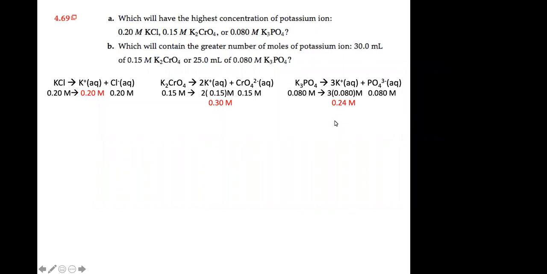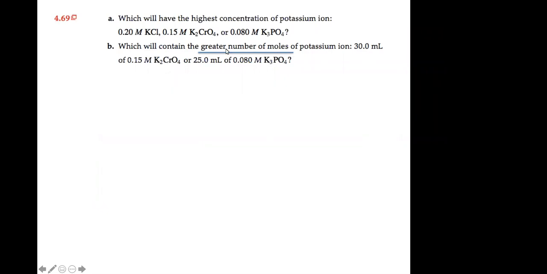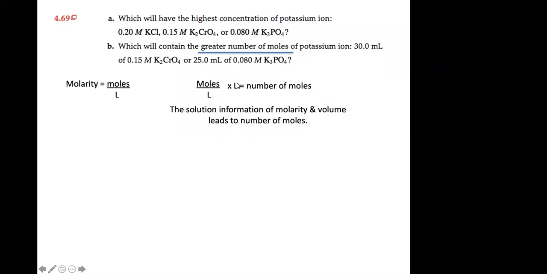Now let's add a new idea. Within B here, we're talking about the number of moles that we actually had. Concentration is a description of the solution. The number of moles, well, we need to be able to get to the number of moles because, as we know from chapter 3, that's what's important when we're looking at solution stoichiometry. So this one right here, looking at the number of moles that we have in these different solutions. If we go back to the definition of molarity, that's moles per liter.